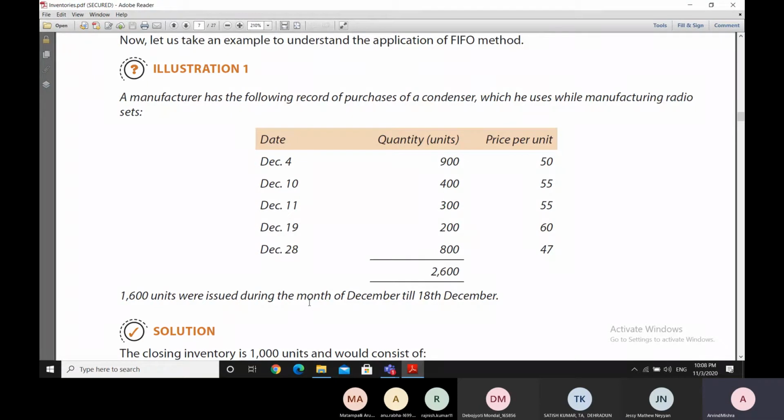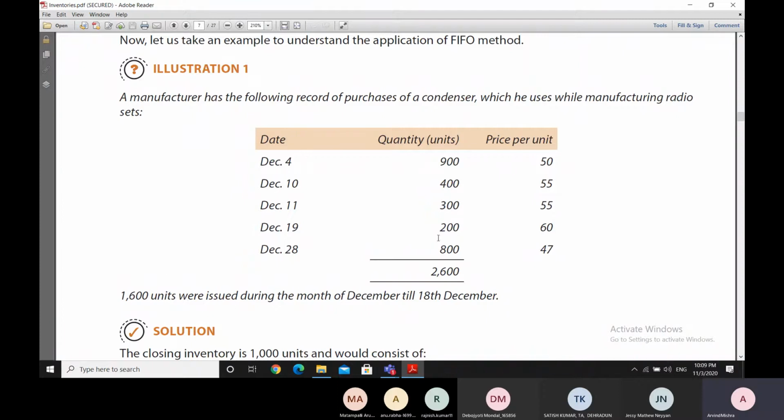After 18th of December, he has purchased on December 19 and December 28. And before December 19, he has purchased 9 plus 4, 13 plus 3, 1,600 units. So all the 1,600 units which he purchased before December 18, he has already issued for manufacturing.